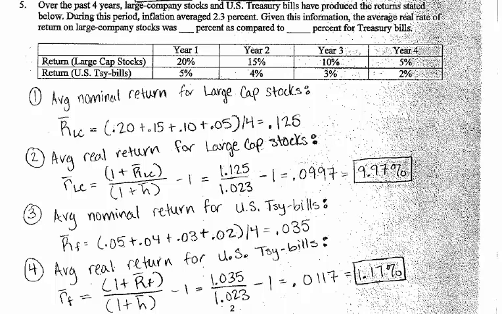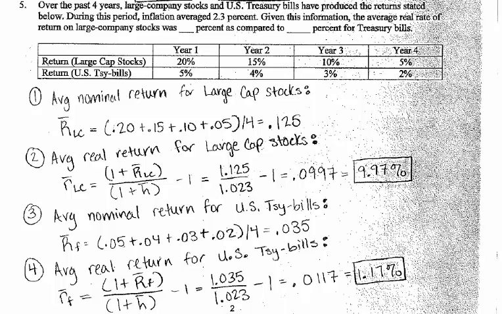With Treasury bills, let's think about the approximate rate real quick. If I know my average is 3.5% and I take off 2.3%, that'll leave me about 1.2%. Now let's find out what it is exactly, like we did in step 4, using the Fisher equation. The nominal rate is going to be 1.035, because it's 1 plus the nominal rate, and then in the denominator you've got 1 plus inflation, so you have 1.023.